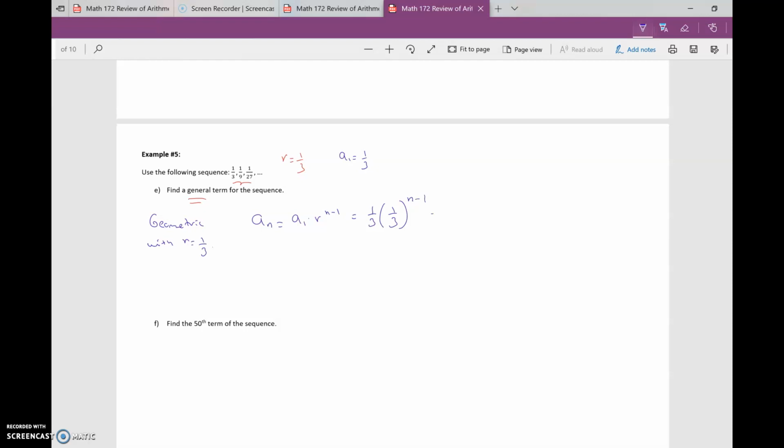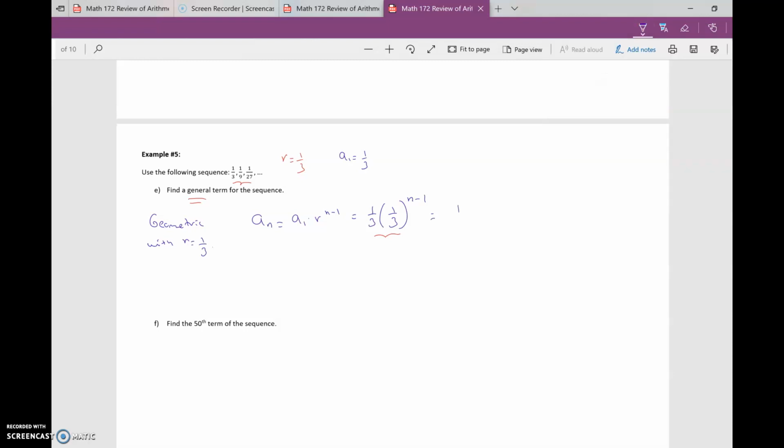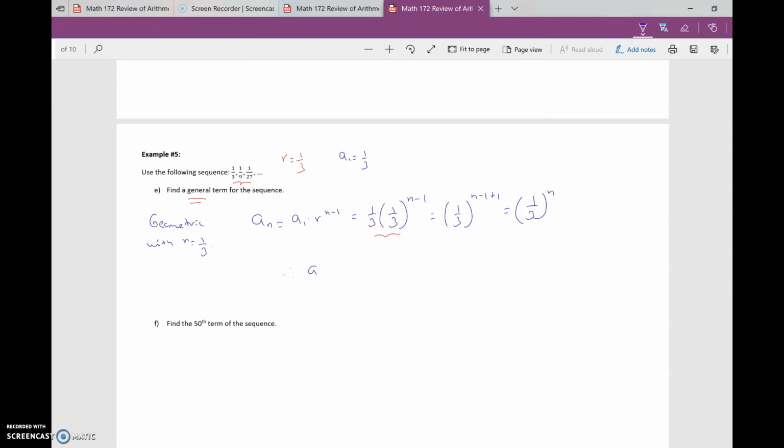As we combine the bases, this one is going to give us, well, technically 1/3 to the n minus 1 plus 1, or 1/3 raised to the n. So our final answer for the general term is that a sub n is equal to 1/3 raised to the n power.